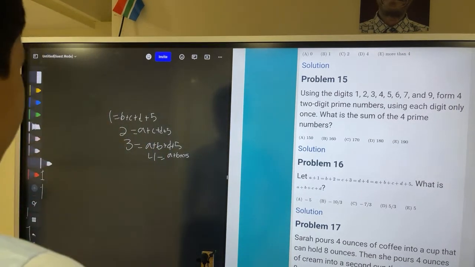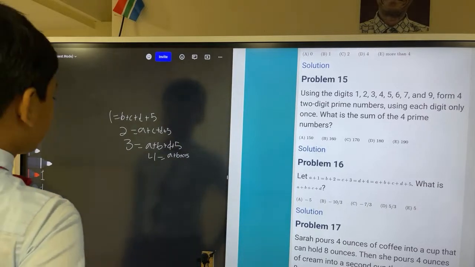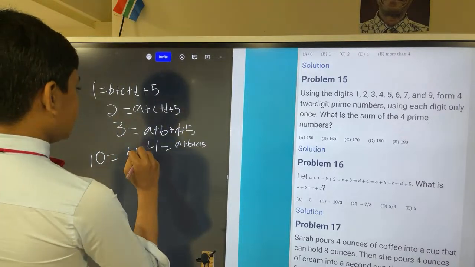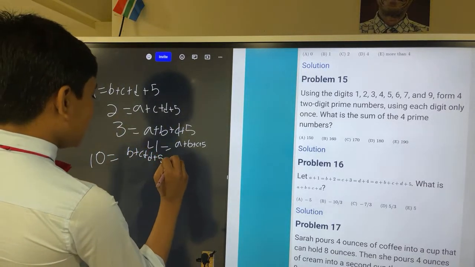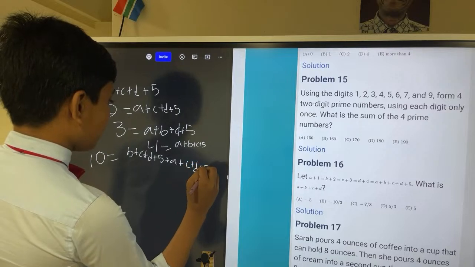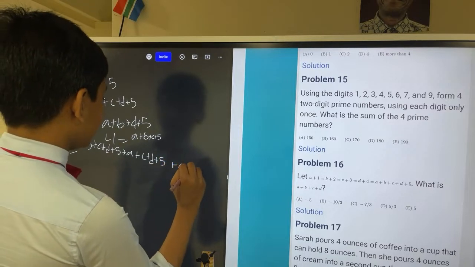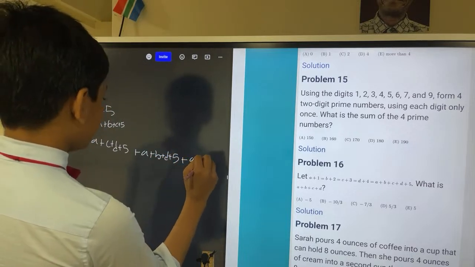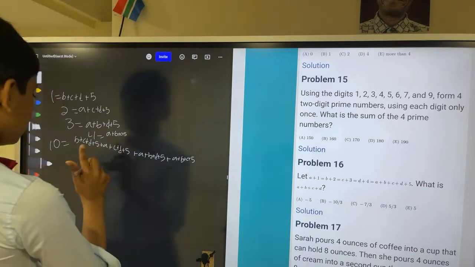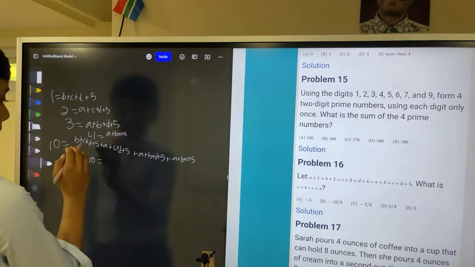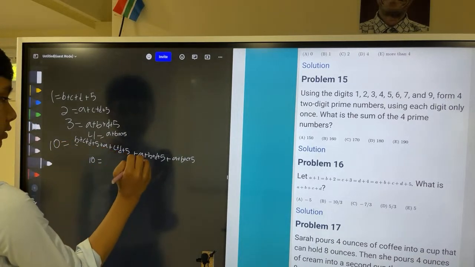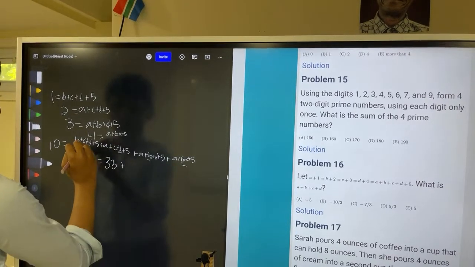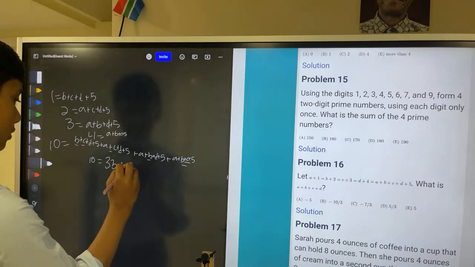So now what happens if we add everything together here? We get 10 equals B plus C plus D plus 5 plus A plus C plus D plus 5 plus A plus B plus D plus 5 plus A plus B plus C plus 5. So 10 is equal to, how many B's are there? 1, 2, 3. 3B plus how many C's are there? 1, 2, 3.